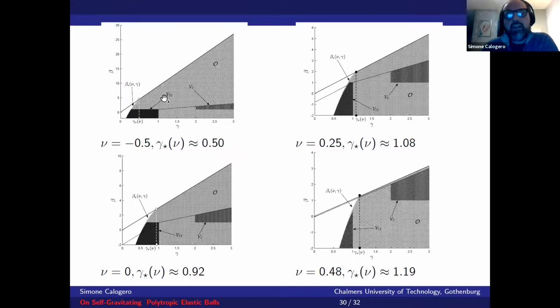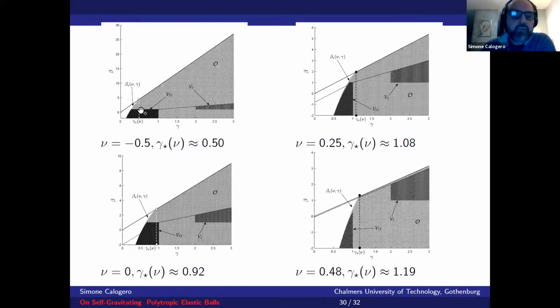including the darkest one, are the values of gamma and beta for which it is found numerically that this static ball exists. And I give you here four different pictures because they refer to different values of the Poisson ratio. And what happens here is you can see that there exists a curve, which I called beta star, and a gamma star, such that this curve beta star at the value gamma equal gamma star intersects this upper boundary.